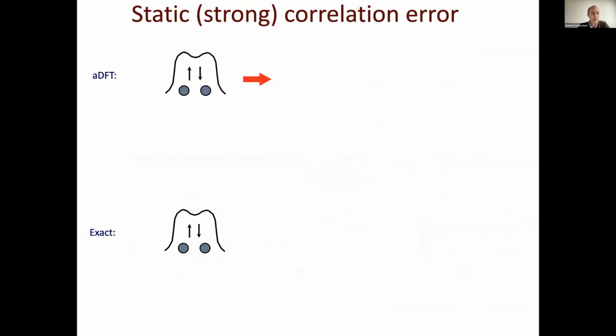Another error that's typically discussed in the literature is the so-called strong correlation error, and can be exemplified by referring to the splitting of the H2 molecule. Now, not anymore H2 plus, but H2 with 2 electrons.